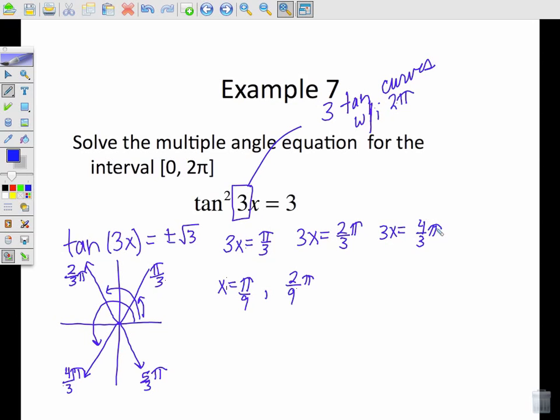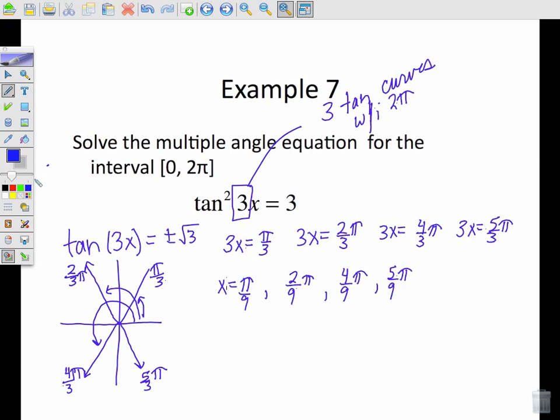And 3x would equal 4/3 pi, and that would give us 4/9 pi. And I give you one more here, and this is just going to be the first of 3 tangents for the angles, because it's going around 3 times. 3x equals 5/3 pi, which concludes that x equals 5/9 pi.